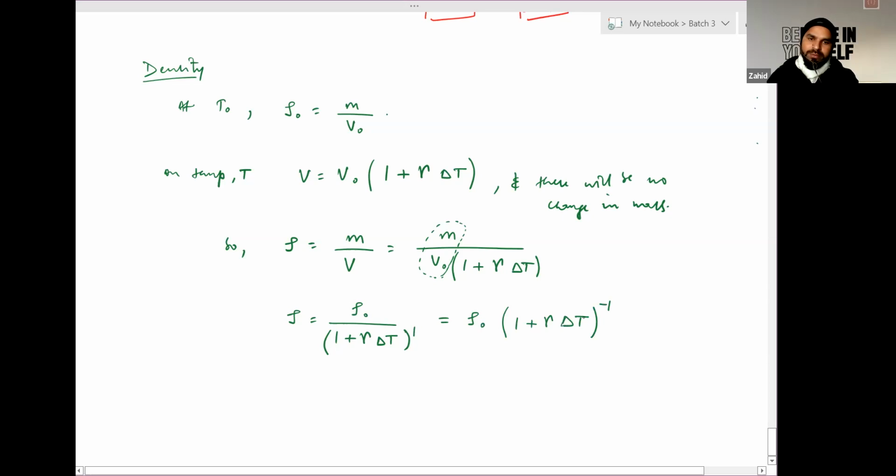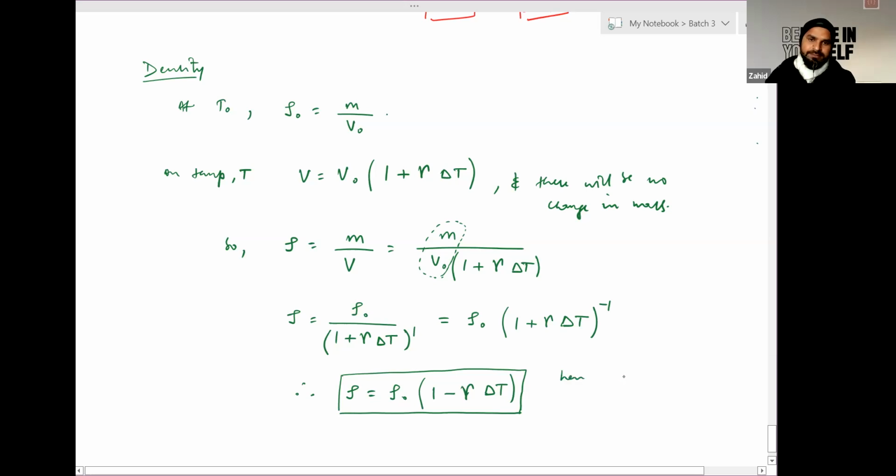Now, according to binomial expansion, this power minus 1 will get multiplied with the coefficient of gamma. So we may write density equals rho naught into 1 minus gamma delta T. From this expression, you will say that on increasing temperature, the density of a particle or body decreases.